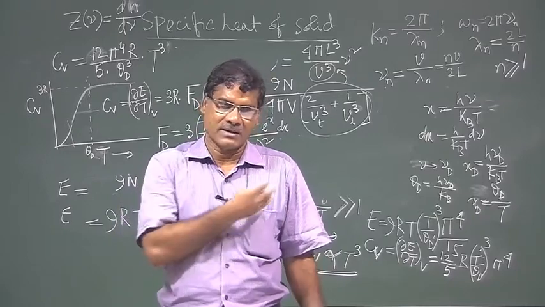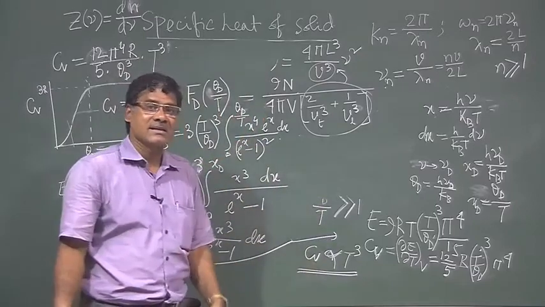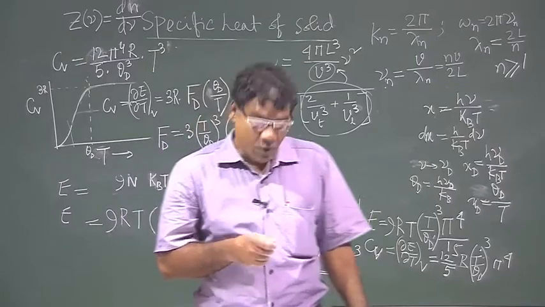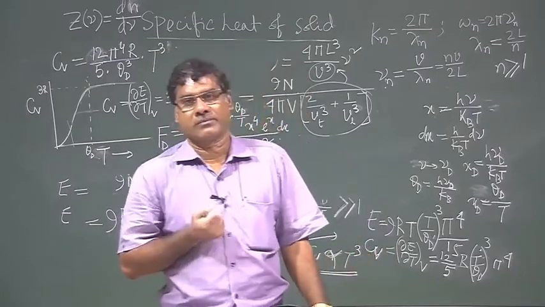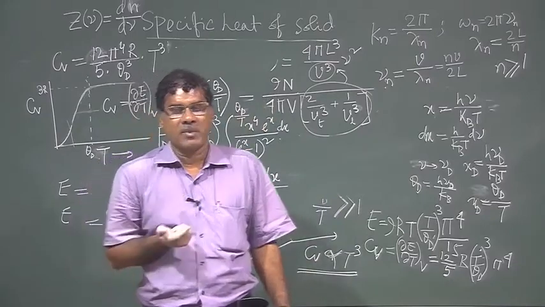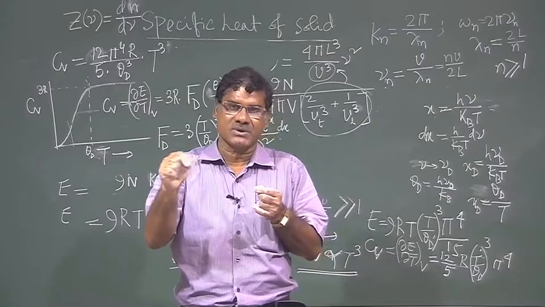Okay. So, finally Debye could explain it nicely, but there are still some deviations of Debye theory, okay, especially for elastic waves of low wavelength. When the wavelength is low, then it can see the atoms. Okay.